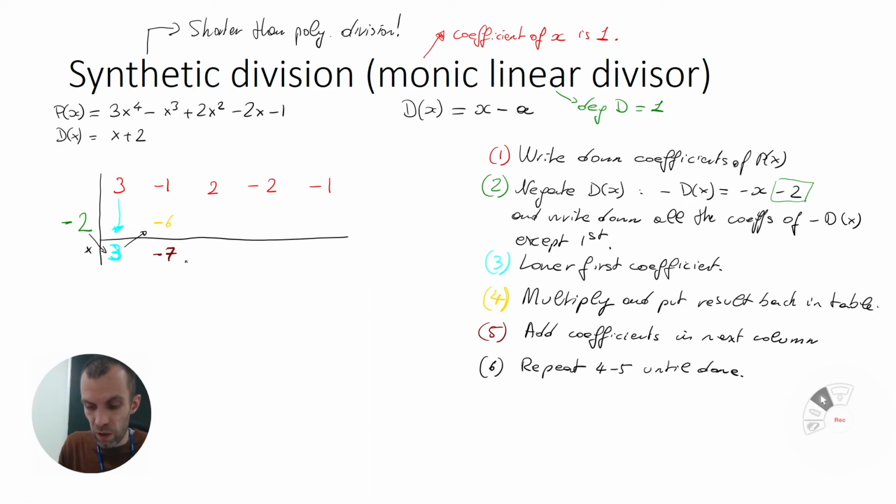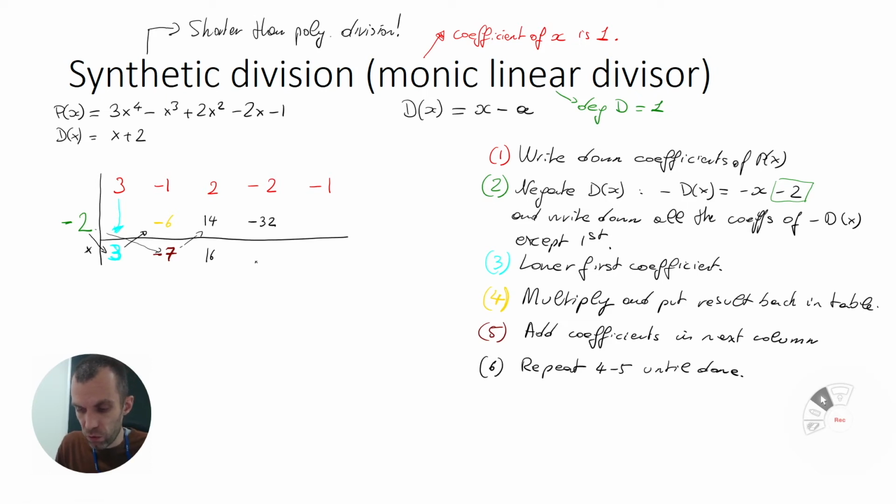So let's see how that works. In the next step, we take the minus 2 and the minus 7, and multiply those together to get 14. We add to get 16. Then we take minus 2 times 16, that's minus 32.